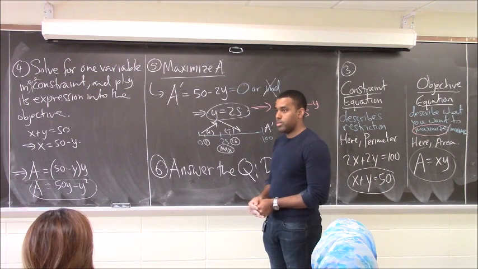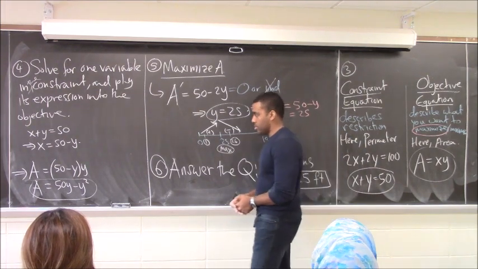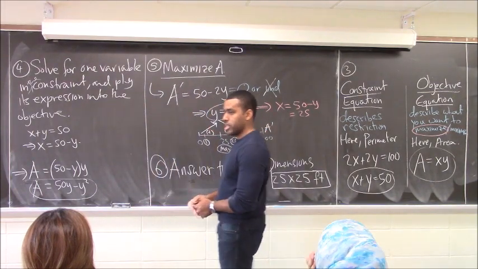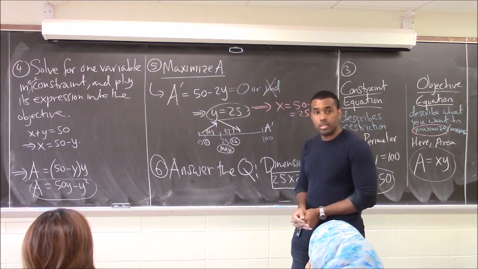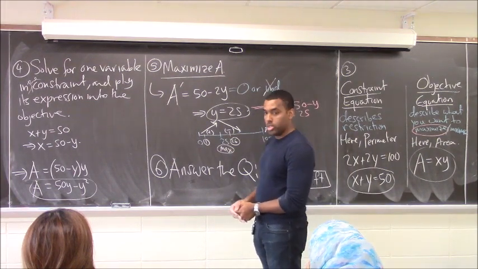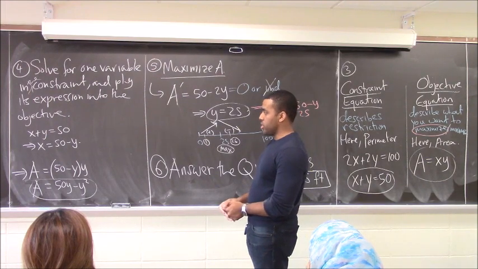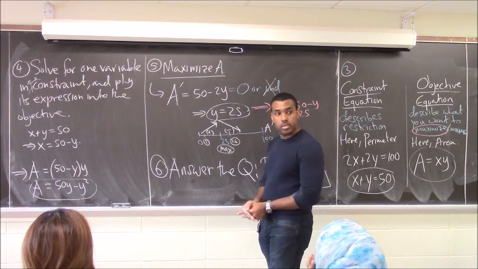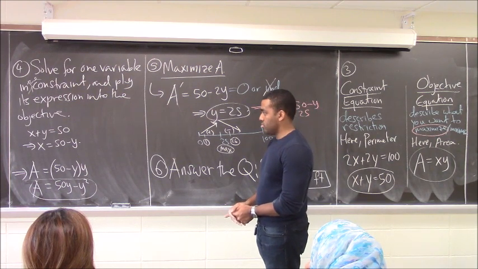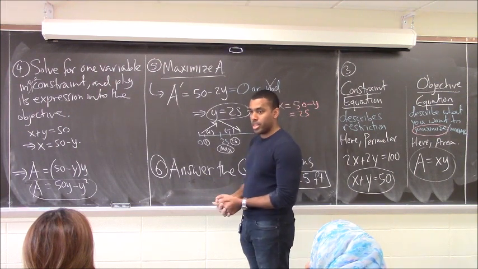How do you describe it? A equals 50y minus y squared. What kind of polynomial is that? Yeah, it is a parabola. If you were to sketch that function, sketch A versus y, what would it look like?